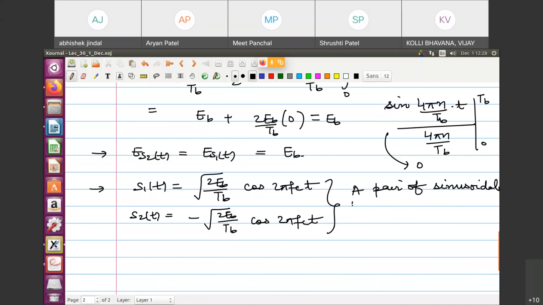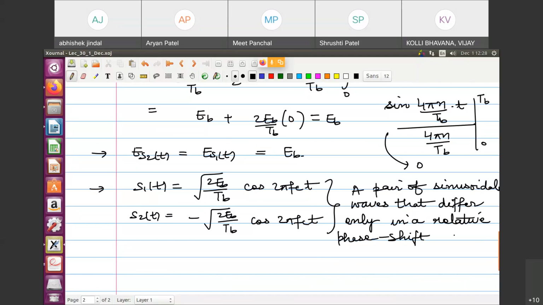So a pair of sinusoidal waves that differ only in a relative phase shift of 180 degrees are referred to as antipodal signals.